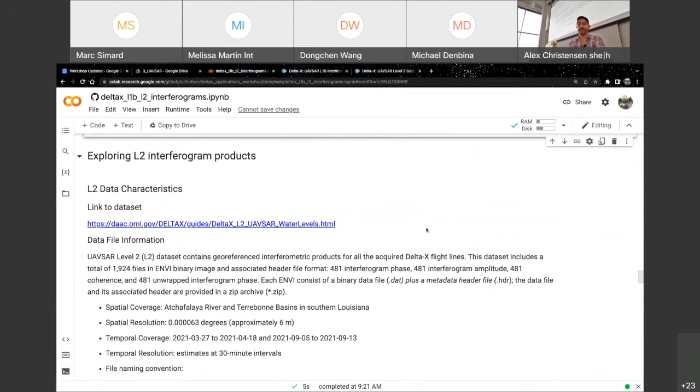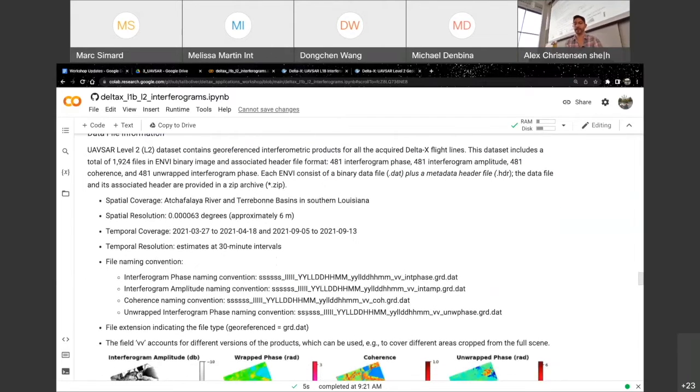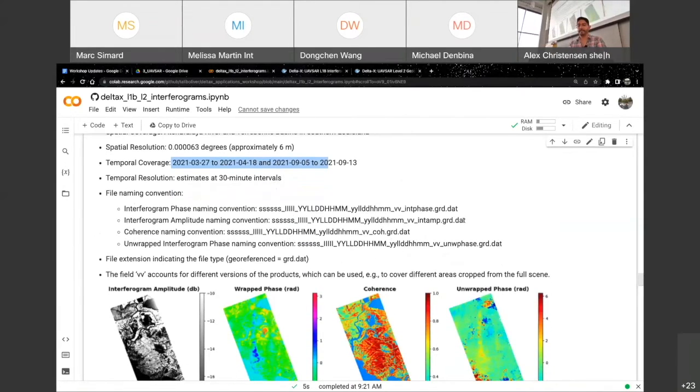And then, what is the difference with the L2 interferometric products? They have very similar characteristics: similar naming convention, same pixel dimension, same coverage. The difference in the naming is that you'll know it's geocoded because it has .grd.